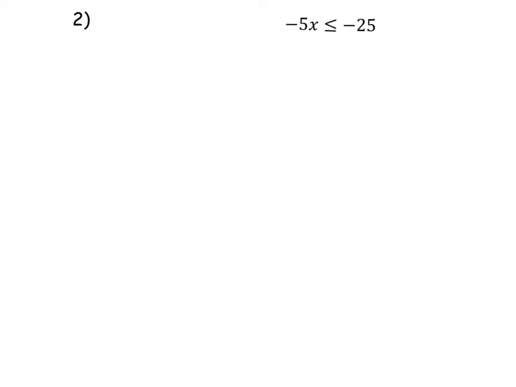Okay, I want x alone. What happens to the -5? Divide it. So you're going to divide both sides by the -5 and ding, ding, ding, ding. The reason I do that is because that means you do something special. So put this next to number 2 somewhere.